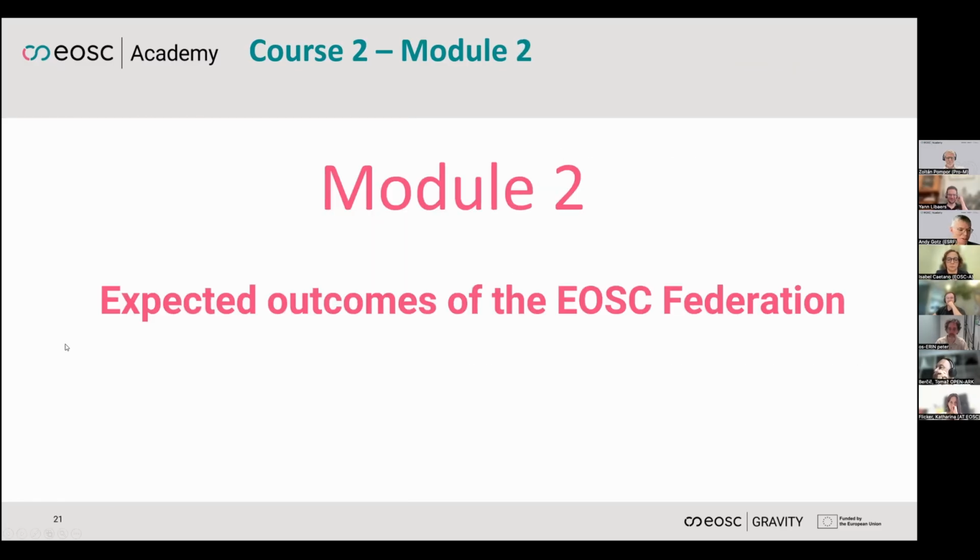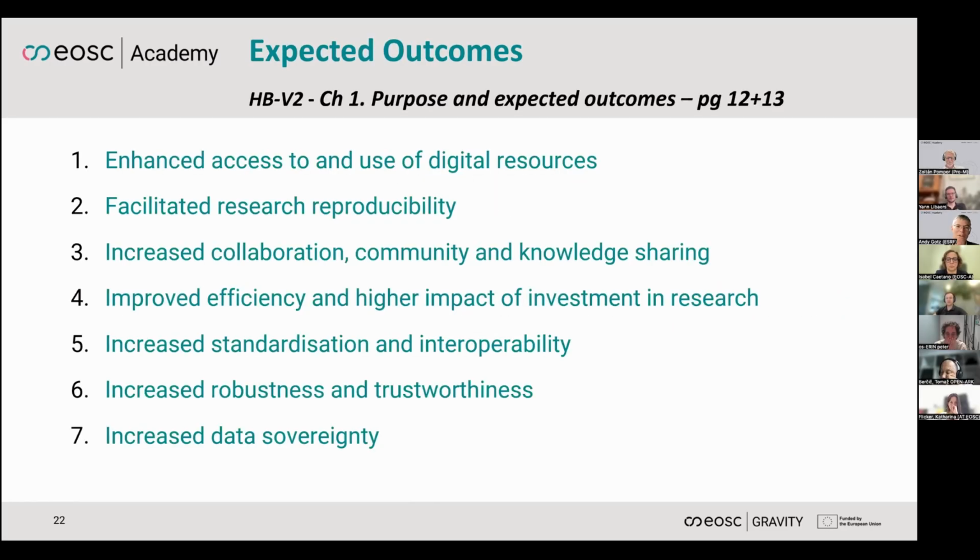Module 2. The expected outcomes of the EOSC Federation. From what we've seen about who the handbook was for and why we want to build the Federation, it's important to overlap with the outcomes from the EOSC Federation. These are the main expected outcomes, which are described in more detail in the handbook on pages 12 and 13.